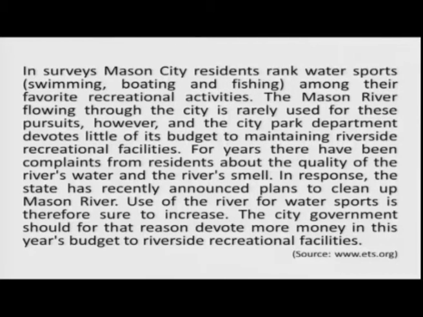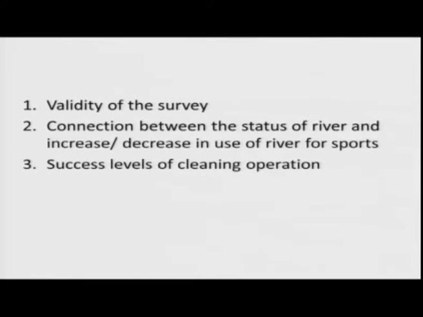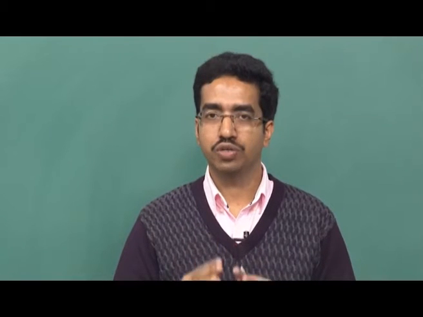So, if the government invests more money, it will be more beneficial for both the government and the residents. That is how it appears when you look at it initially, but after asking ourselves questions about these things, we understand that there are many loopholes in this argument. Therefore, it is very difficult to believe in this argument and support this kind of line of argument.